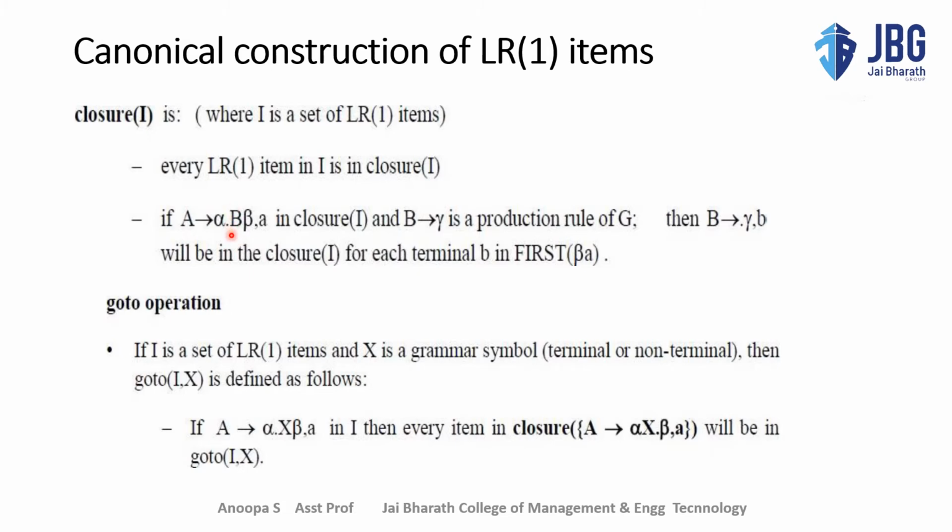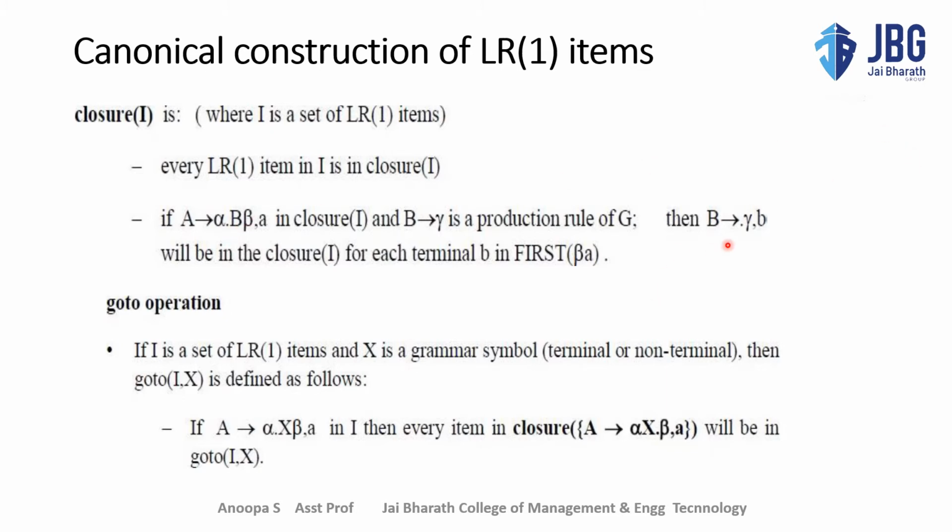If you have a production like B giving gamma, then include that production, that is, B giving dot gamma. This you have seen in construction of LR(0) items: whenever we have a non-terminal symbol after the dot, we have to include its productions in computing the closure.